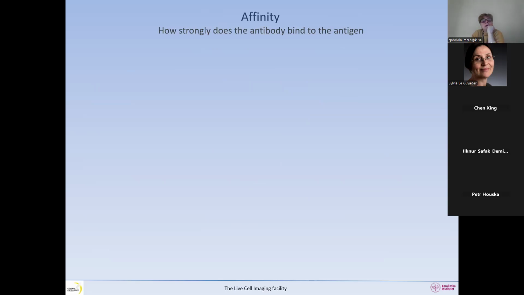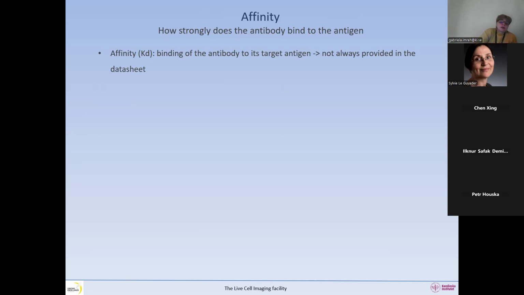Affinity of an antibody will tell you how strongly the antibody binds to the antigen, and is defined by the Ka or KD, Ka being the association constant, or KD the dissociation constant.